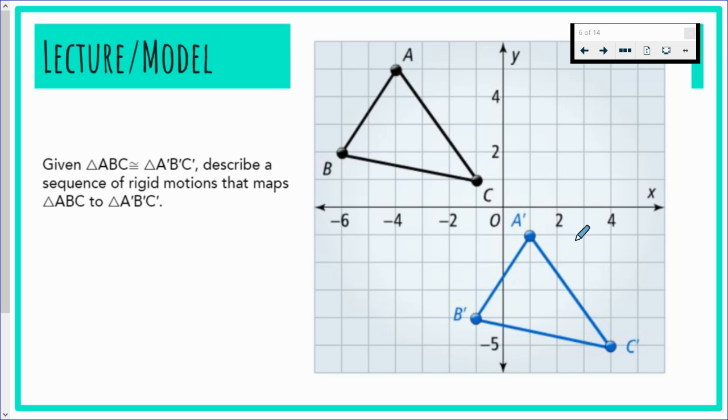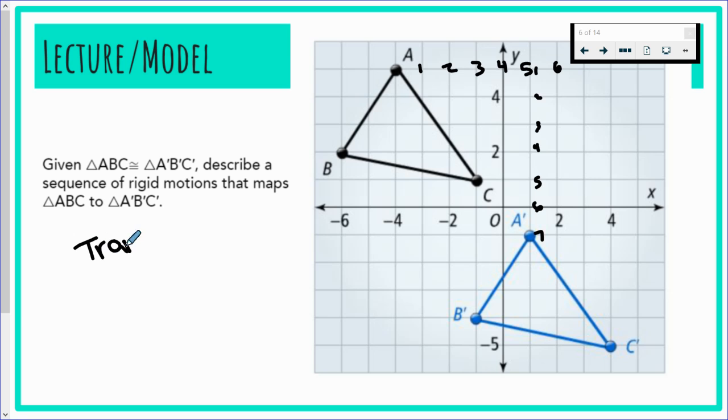All right, so let's go from A to A prime. So we went over 1, 2, 3, 4, 5, just 5 units. And then we went down 1, 2, 3, 4, 5, 6 units.